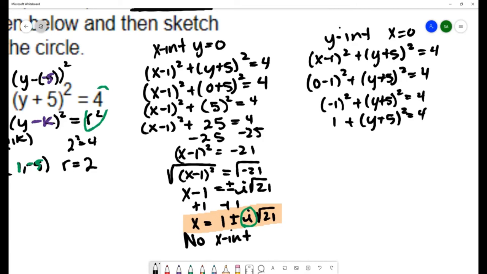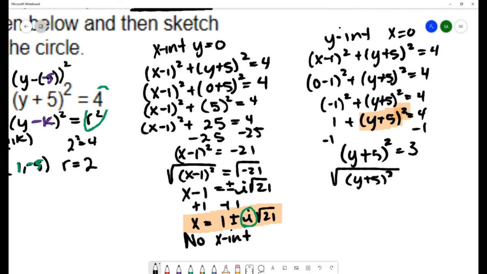And I'm going to solve this by isolating the square and everything it's attached to. This is called the square root method. I subtract 1, and we get (y + 5)² = 3. I'm going to get rid of that square by square rooting both sides. The square root and the square cancel each other out, leaving you with y + 5.